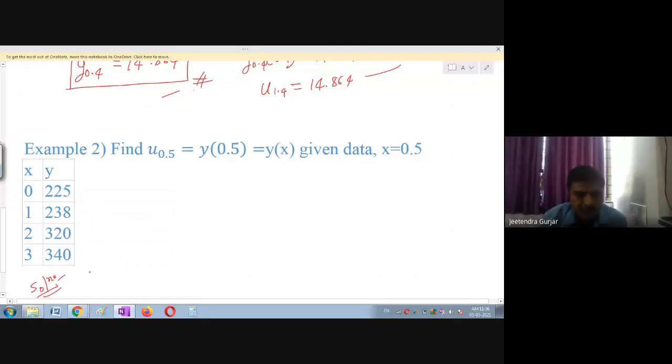Okay, you can see here they have given x is 0.5. You have to find y of 0.5. Here again x is 0.5. Okay, directly also they have given x is equal to 0.5.